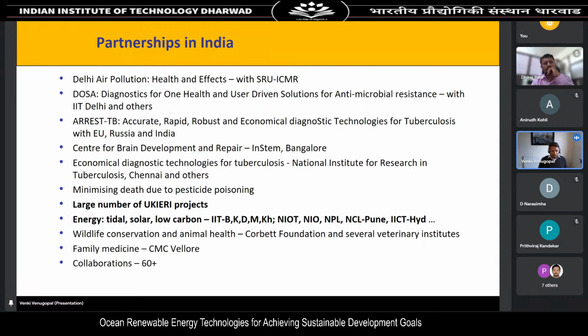And you could see many bullet points there. This is just to say that we have research partnerships with Indian institutes. There are many industries also included, but in particular, we have had research collaborations with most of the IITs.